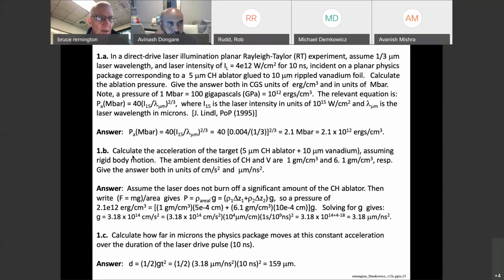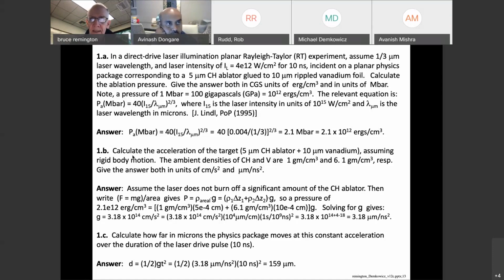And so inserting the 2.1 times 10 to the 12 ergs per cubic centimeter on the left side of the equation, equals on the right side the 1 gram per cc for plastic times 5 microns, which is 5 times 10 to the minus 4 centimeters, plus the ambient density of vanadium, 6.1 gram per cc, times its thickness, which was 10 microns, which is 10 times 10 to the minus 4 centimeters.